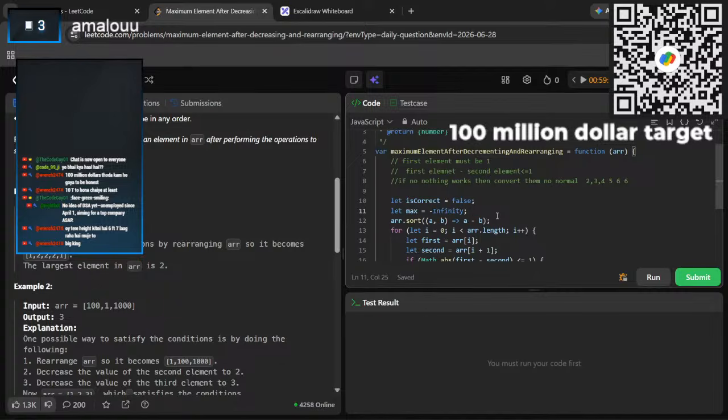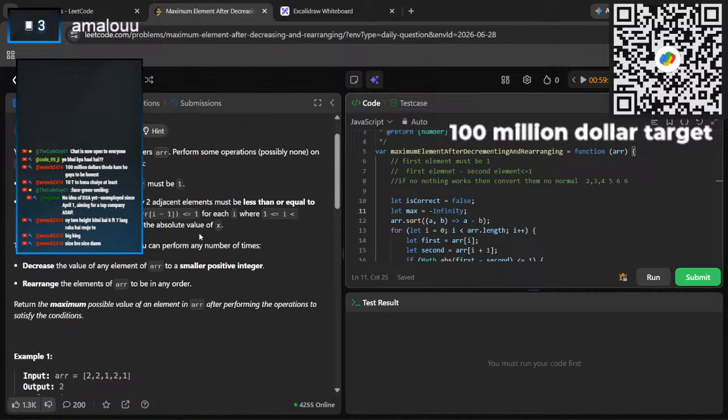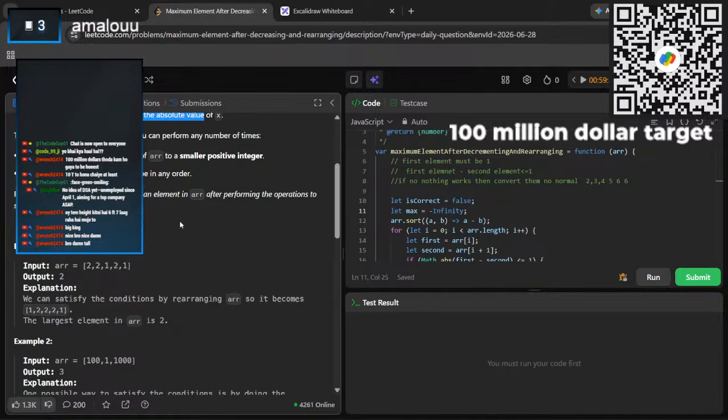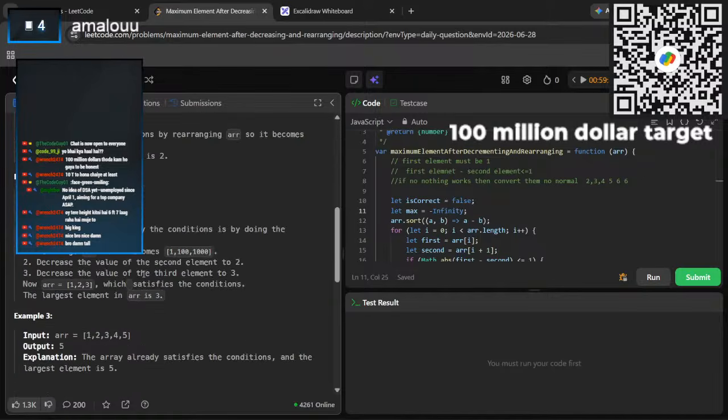Now the only problem is if after subtracting you're not getting the output like this, either this condition, then I think we need to check for the elements and remove them. If you have two zeros it is going to be two, and if you have three zeros it is going to be three or something. It's telling us to rearrange the array so it becomes one.